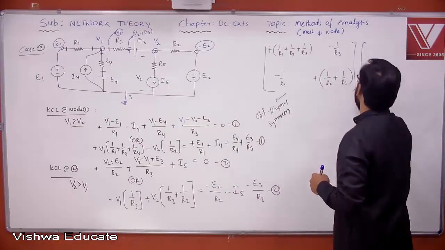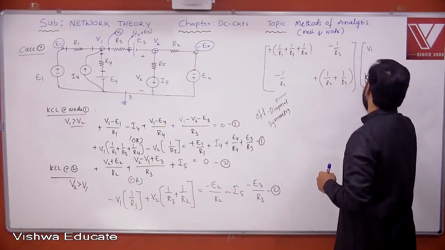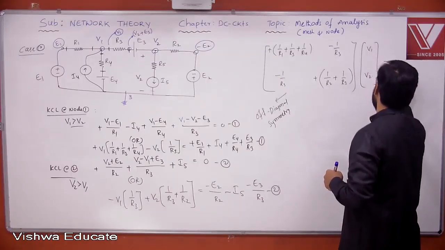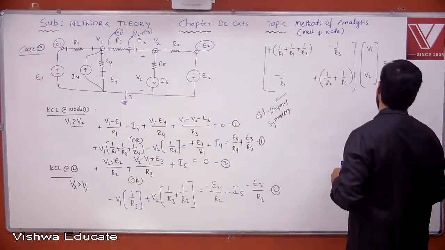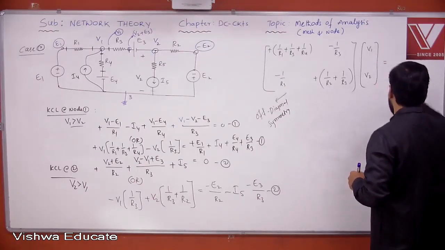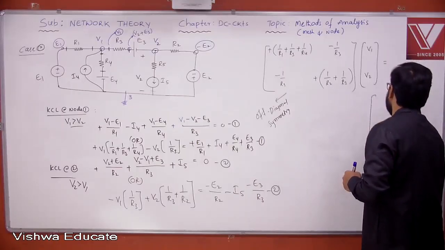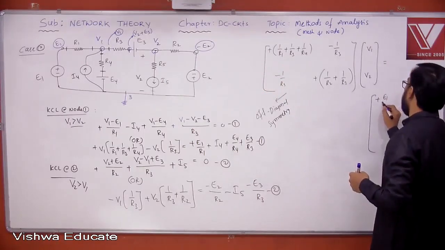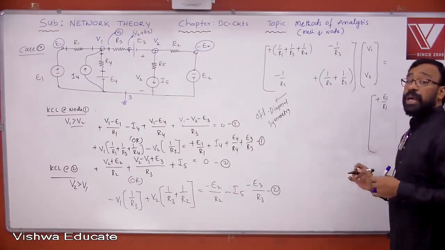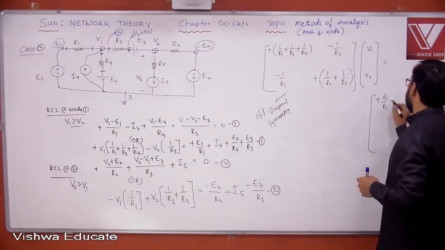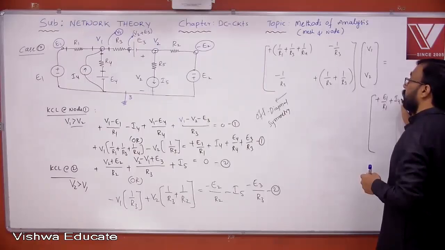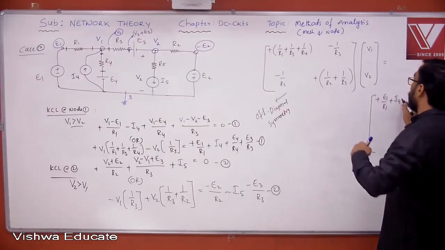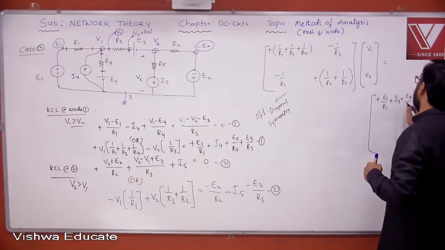Now, into V1, V2 is equal to; I'm just writing the equal-to part here. Look at the diagram: plus E1 by R1. Then plus I4, entering current, negative that side, but this side positive, plus E4 by R4, plus E3 by R3.